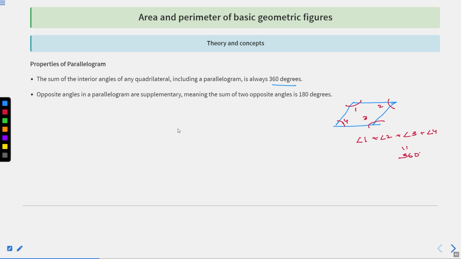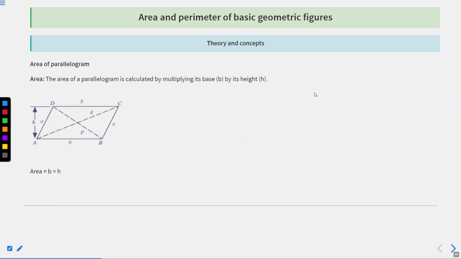That's what statement number 1 says. The opposite angles in the parallelogram are supplementary, meaning the sum of two opposite angles is 180 degrees. So it's very much clear from the statement itself, so there is no need to discuss it more.